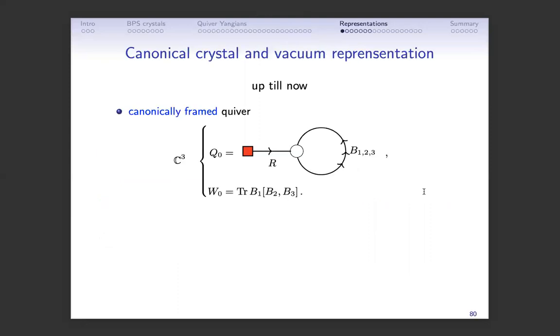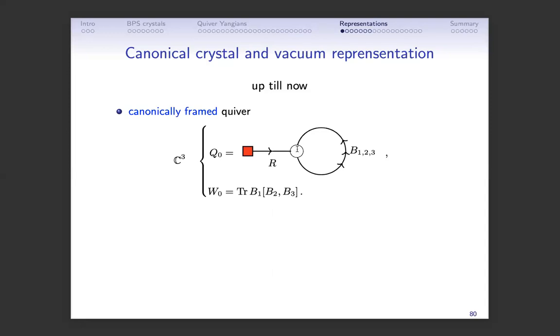Now I'll go to the representation part. Until now, the quiver I used is actually the canonical framed quiver. Remember, we always choose a particular vertex to start growing the crystal. So you have a framing node, which corresponds to the D6 or all these other non-compact D-branes, and one arrow going from this framing node to one particular vertex.